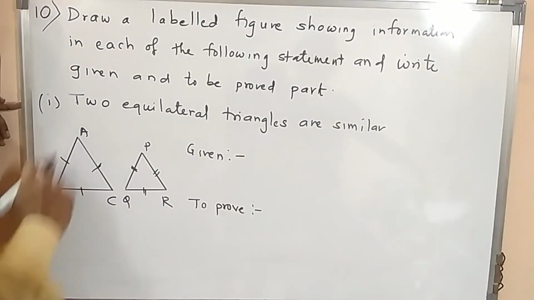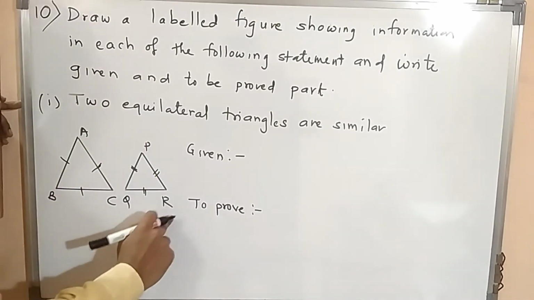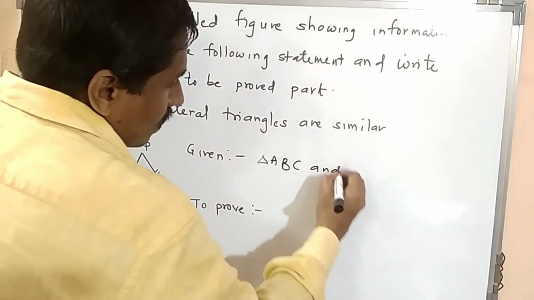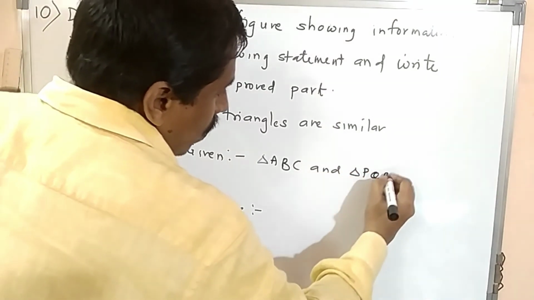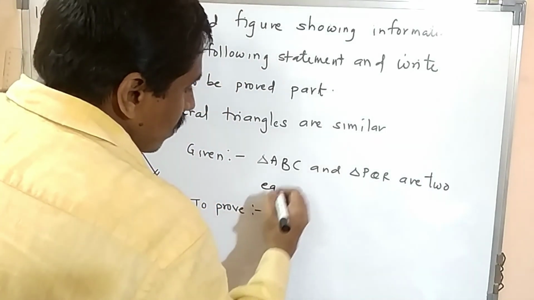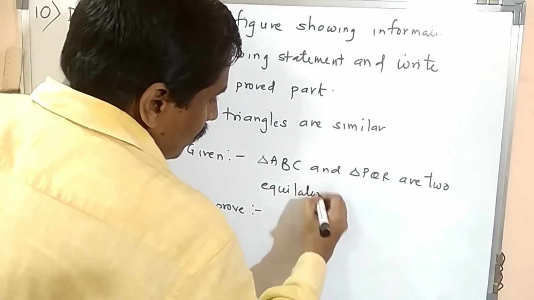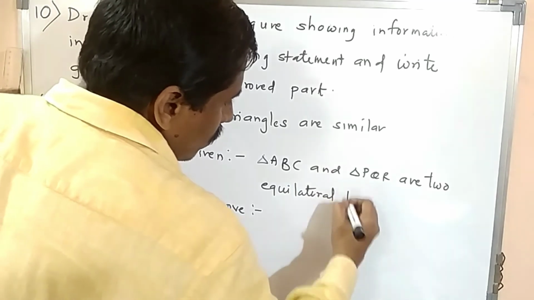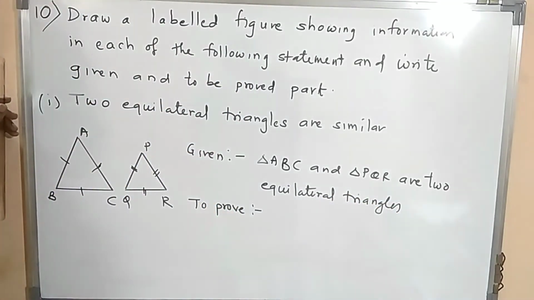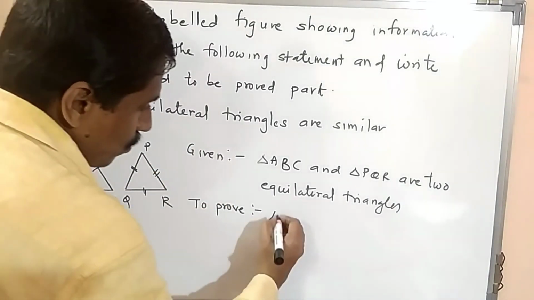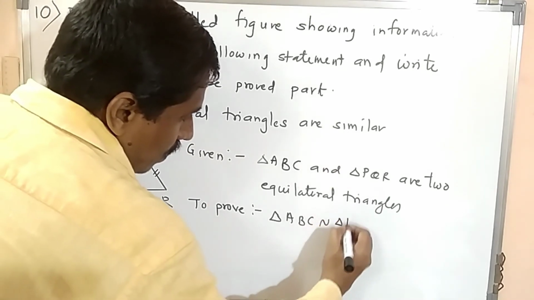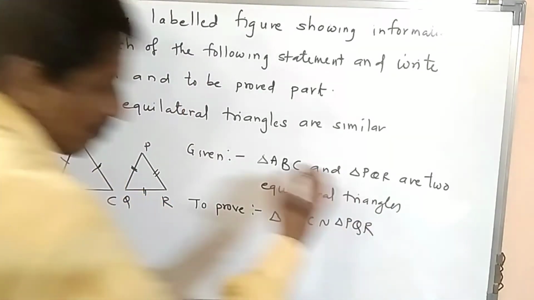So I have taken triangle ABC and triangle PQR, two equilateral triangles. What I have to prove? If they are equilateral triangles, then the triangles are similar. So I have to prove triangle ABC similar to triangle PQR.